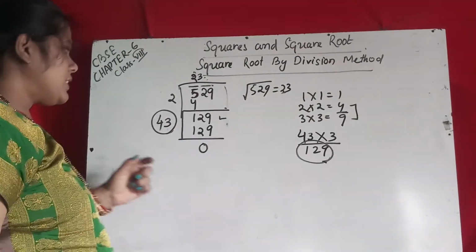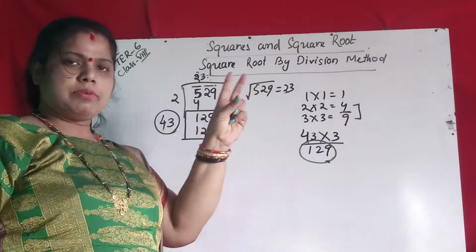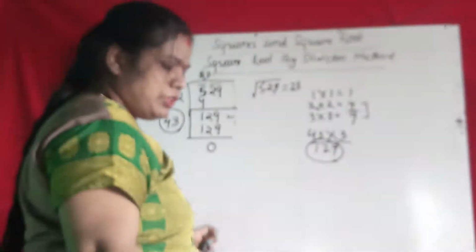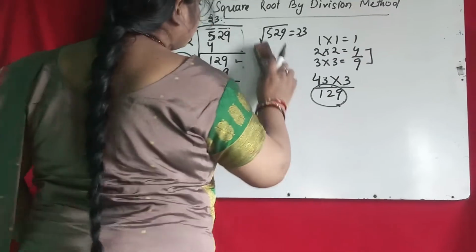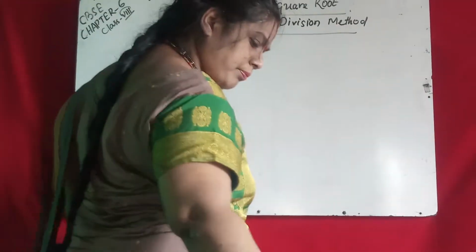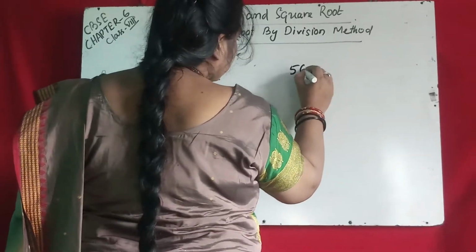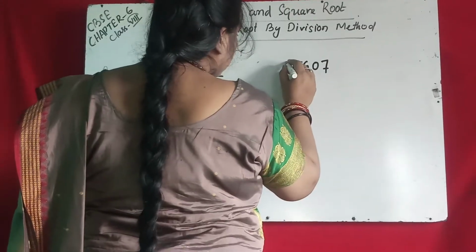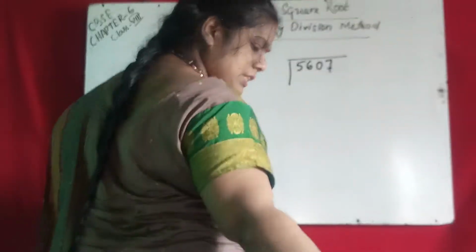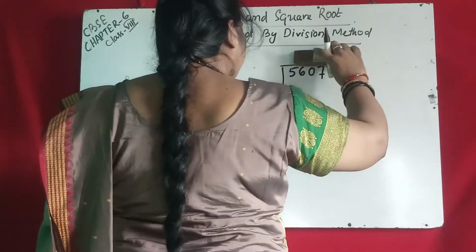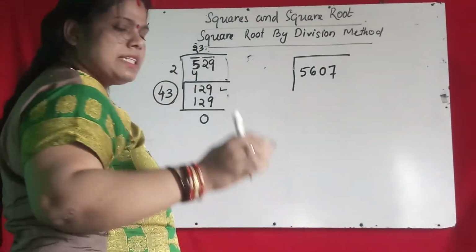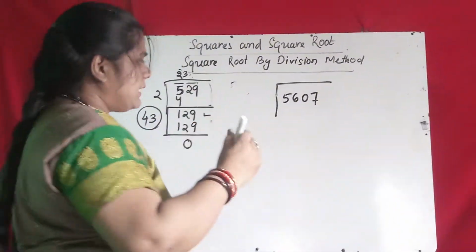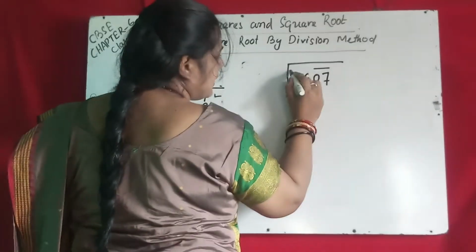So first draw bars from the right-hand side over two digits each. Suppose I write another number: 5607, a four-digit number. As I said, draw bars over two digits from the right: first 07, then 56.